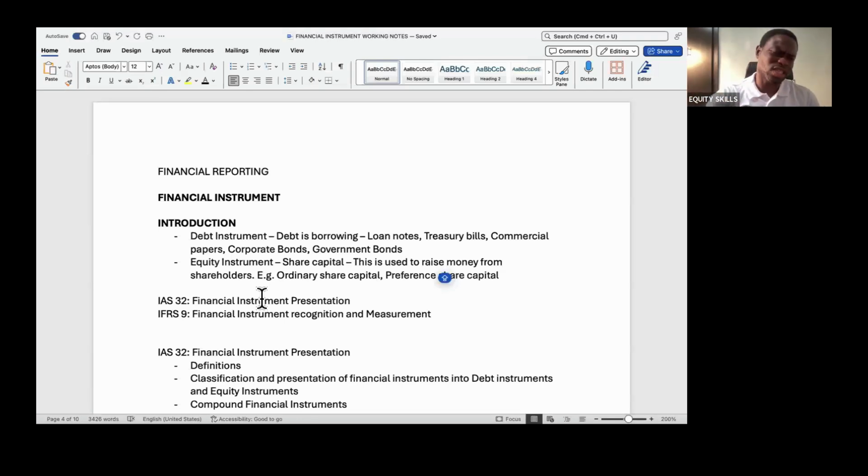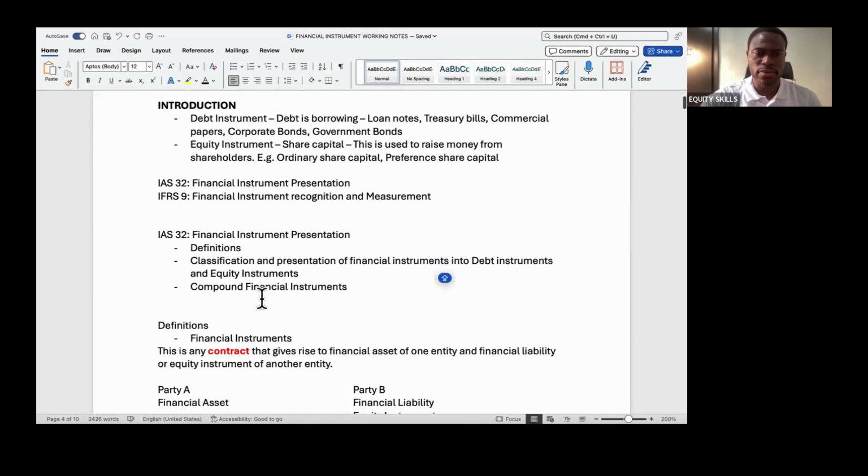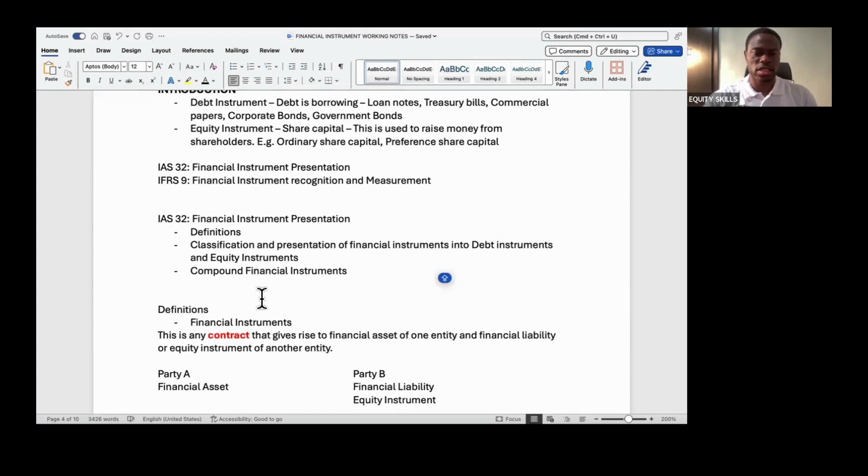We started with IAS 32, which will teach us three things: definitions of key terminologies, how to classify and present financial instruments into debt and equity instruments, and also compound financial instruments as well.